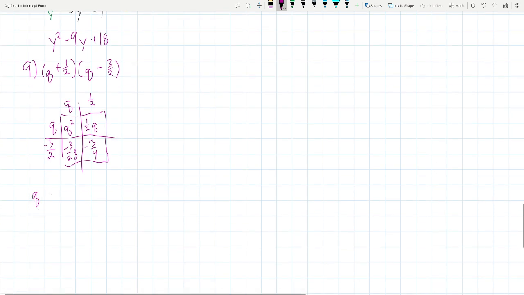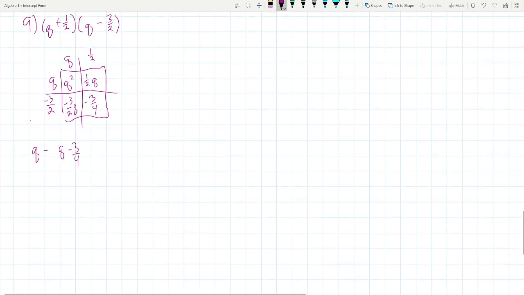So I get q squared minus 2 over 2 q minus 3 over 4. This reduces down to, actually 2 over 2 is just 1. So, yeah. Regardless of the method, you should be getting the same answer.